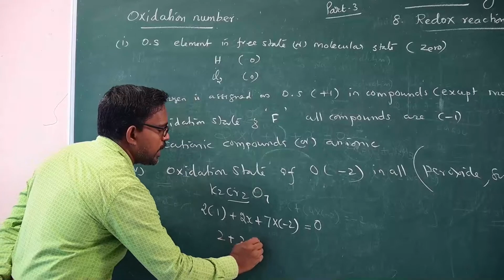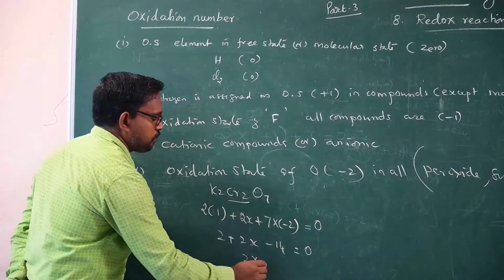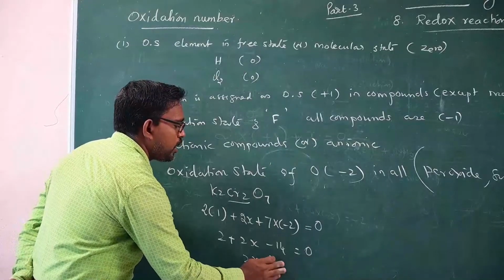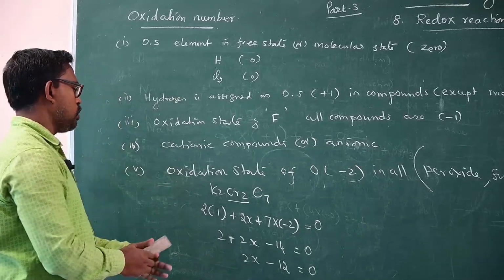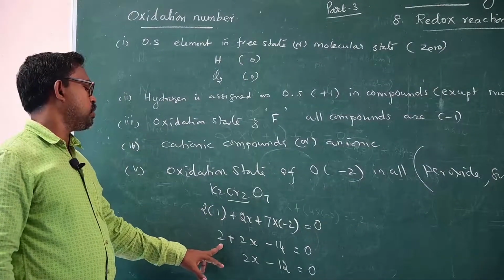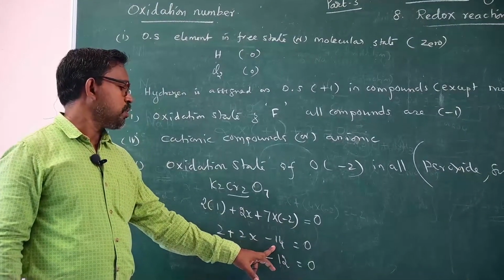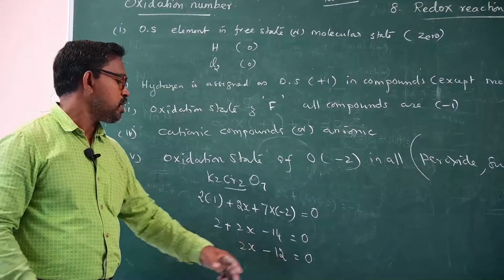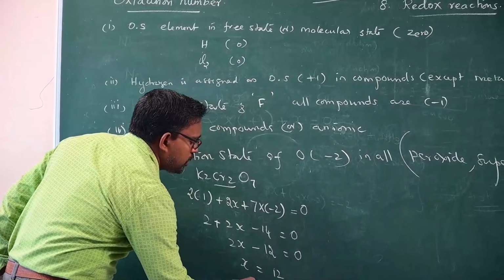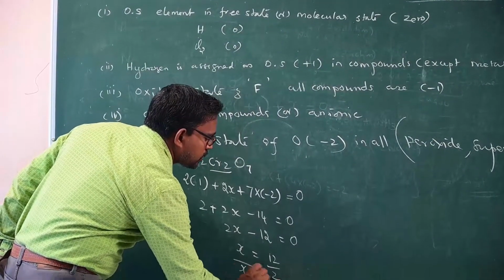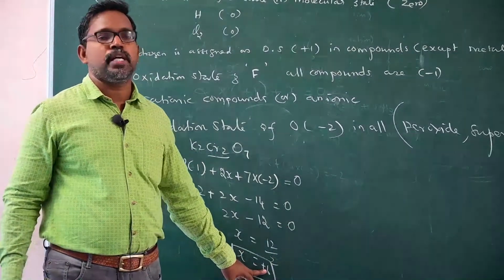So 2 plus 2x minus 14 equal to 0. 2x minus 12 is equal to 0. X is equal to 12 by 2. Here x is equal to plus 6. The oxidation state of chromium is plus 6.